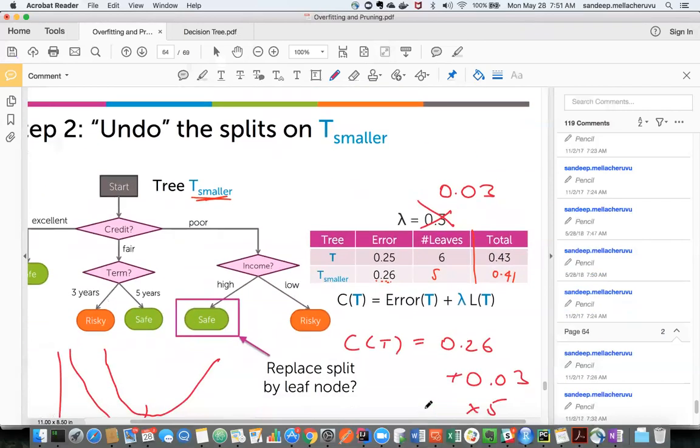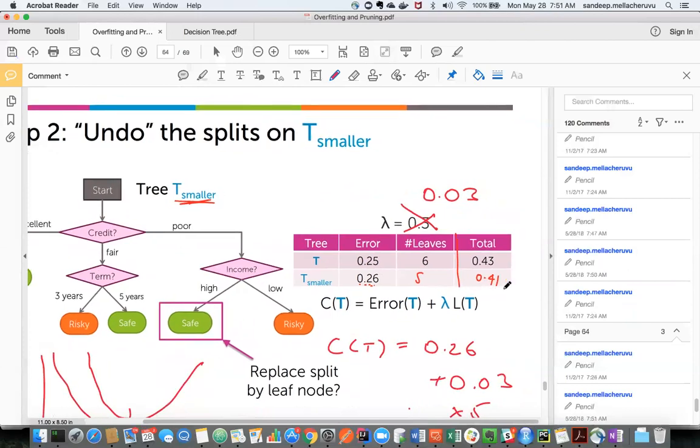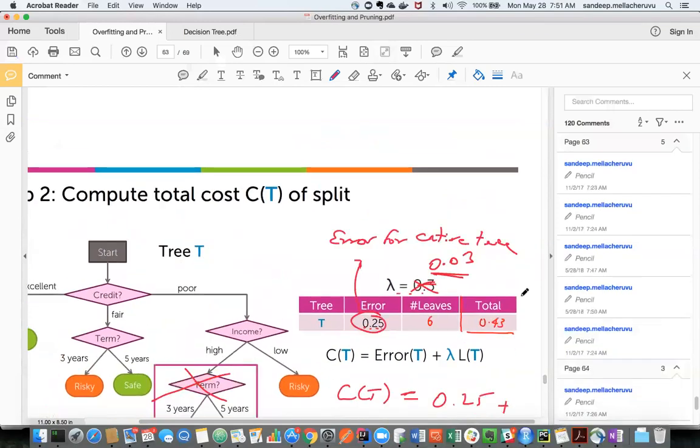After pruning, our cost of the tree is 0.41. So what happened? Our total cost of the tree got decreased. So since our total cost of the tree is decreased, what you do? You go ahead and prune the tree, prune this branch.